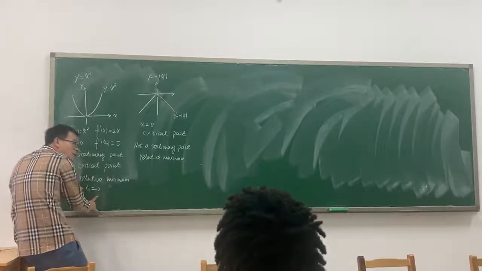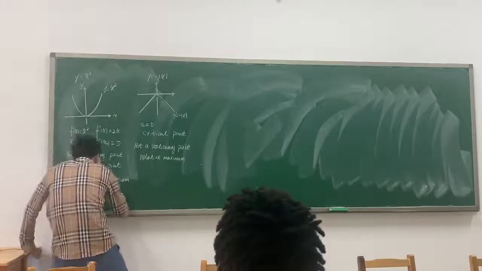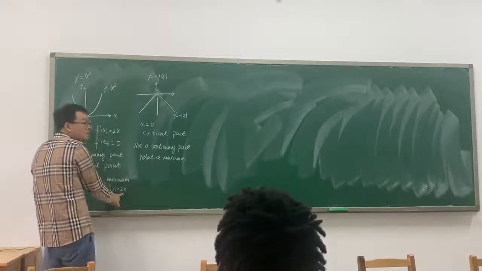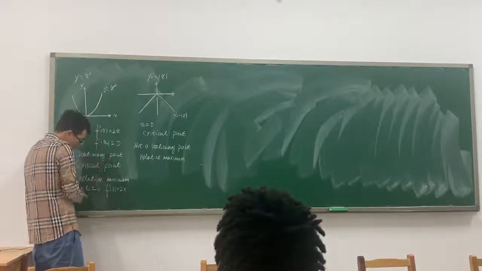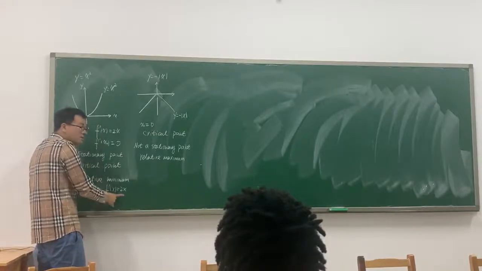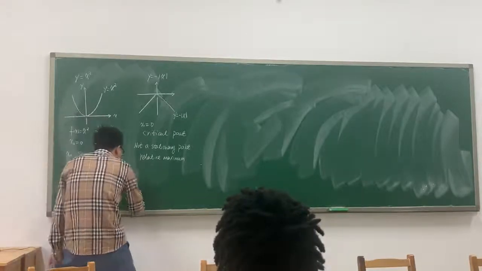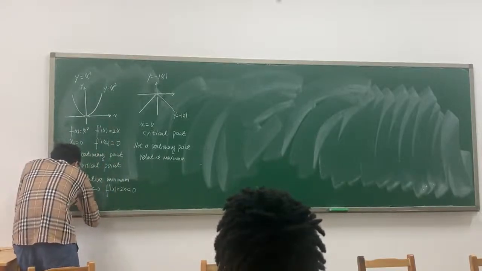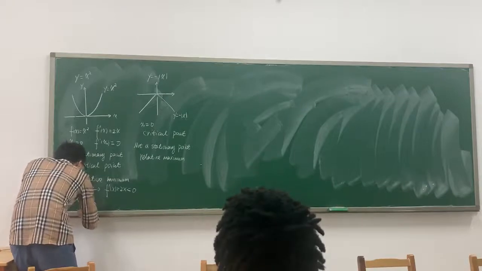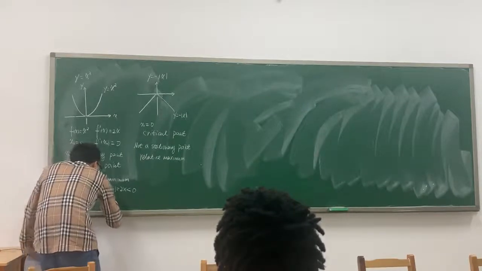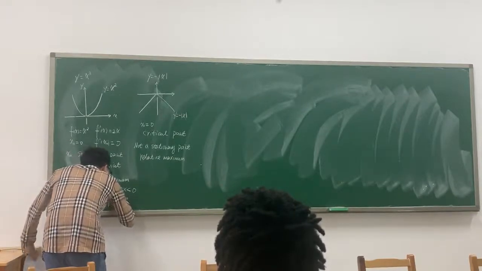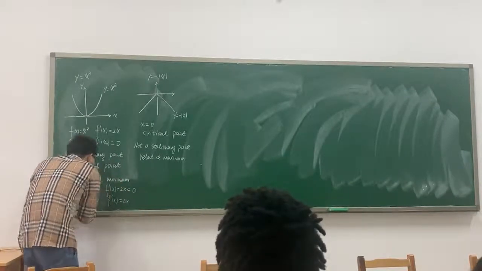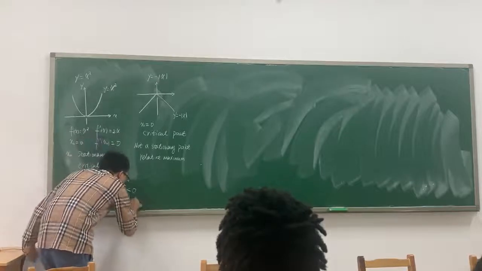When x is less than 0, 2x is of course less than 0. When x is greater than 0, 2x is of course greater than 0.